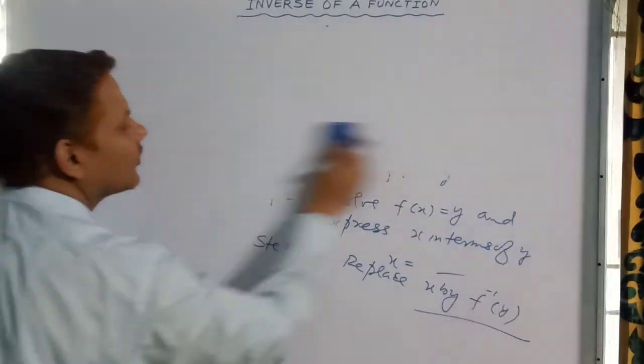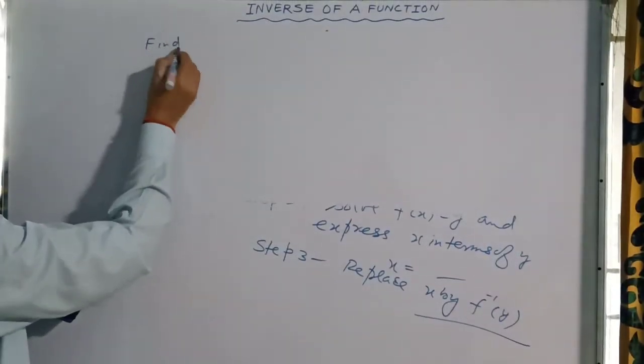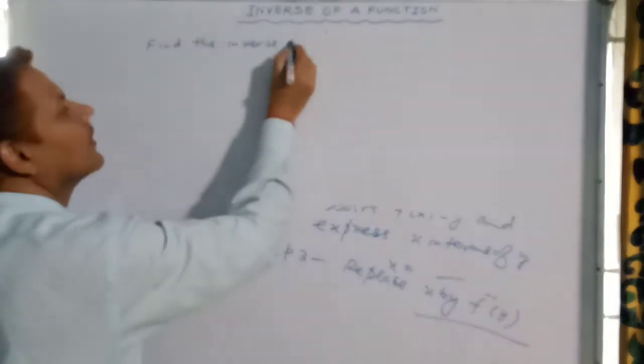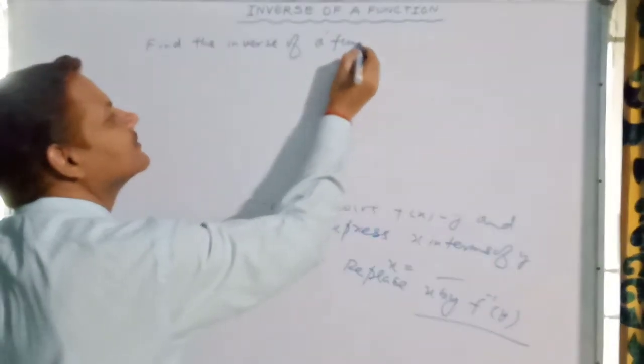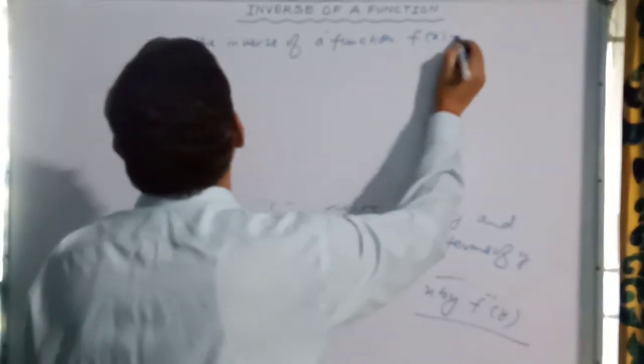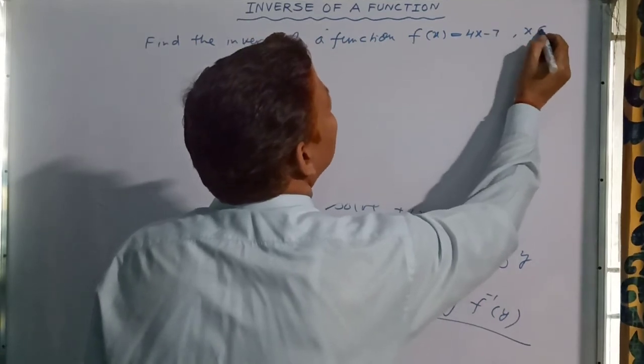Now I am taking a simple example. Find the inverse of the function f(x) equal to 4x minus 7, x a real number.